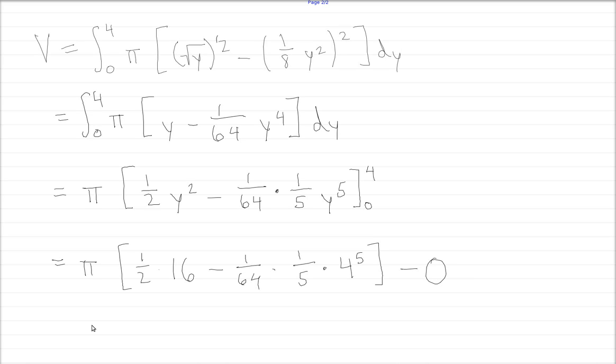And now we'll just simplify a little bit more. Pi times 1/2 of 16 is 8. And then simplifying those fractions, I get 16/5. And if we combine that all together, that's going to be 24 pi over 5, our final volume.